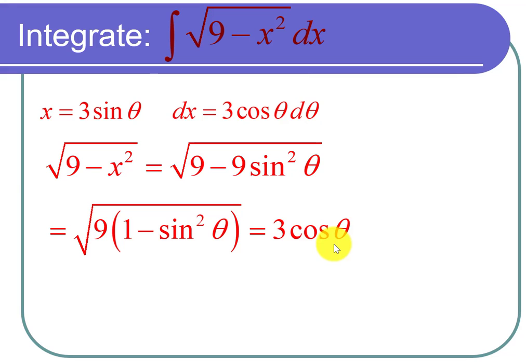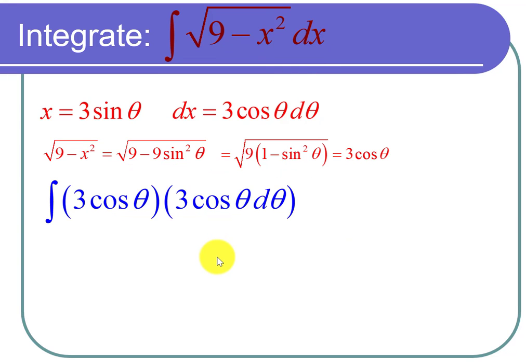Now we can put it all together and say that this integral of the square root of 9 minus x squared dx, well, the square root of 9 minus x squared was our 3 cosine theta, and dx was 3 cosine theta d theta. So we have the integral of 3 cosine theta times 3 cosine theta d theta.